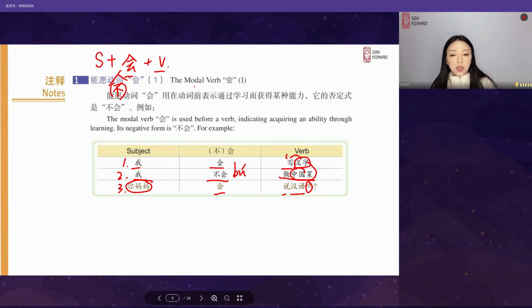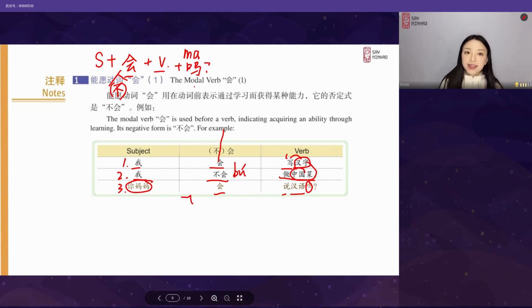If we want to ask whether someone can or not, we just put a 吗 after the sentence. The structure is: someone 会 something 吗. For example, 你会说汉语吗？Can you speak Chinese? This is the structure of the modal verb 会.